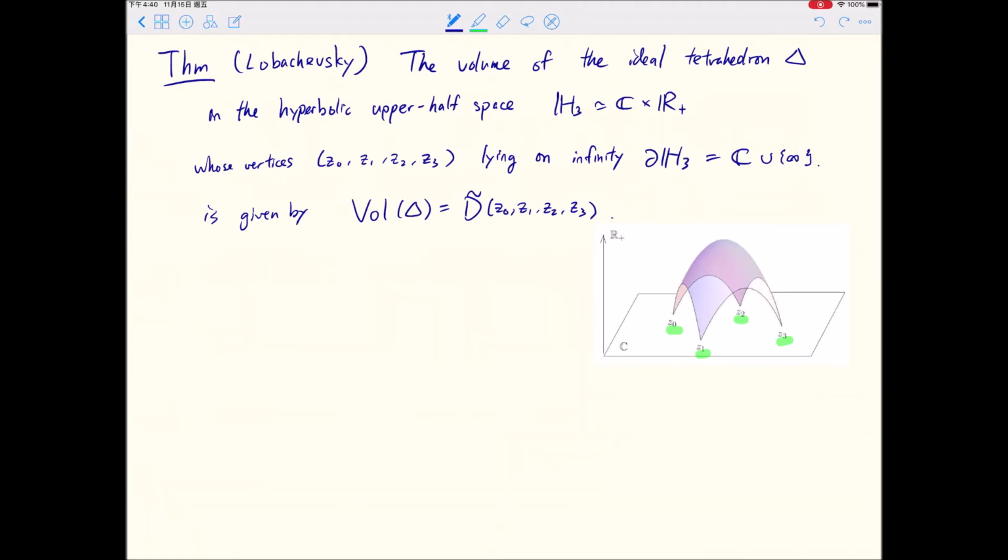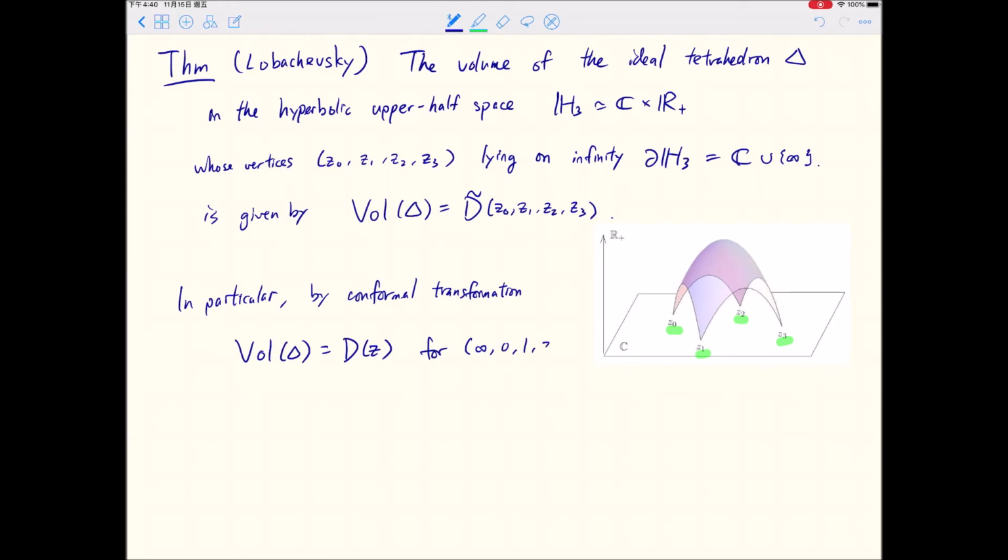So in particular, we have conformal transformations of the complex plane. These are all the Möbius transformations you can do on your vertices. We can say that the volume of the tetrahedron in the standard coordinates infinity, 0, 1, c is just given by this standard function.